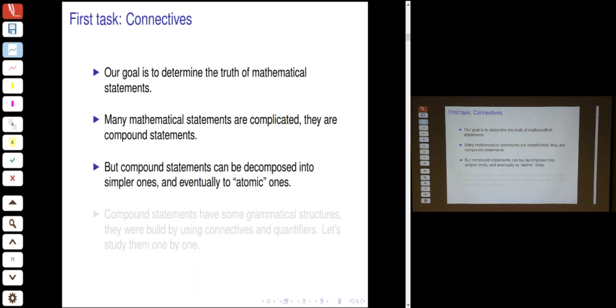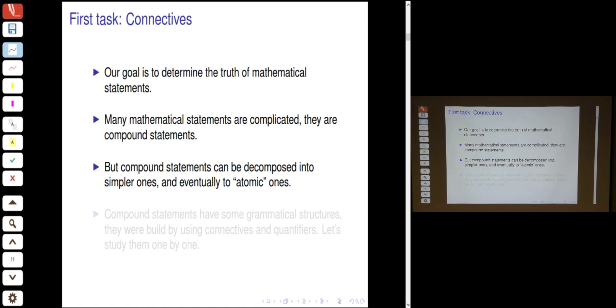But those complicated statements can be decomposed into simpler ones. We'll see examples. So you can decompose them into simpler ones. Eventually you get shorter and shorter, simpler and simpler statements. In the end, you have to stop because there are only that many words you can cut.